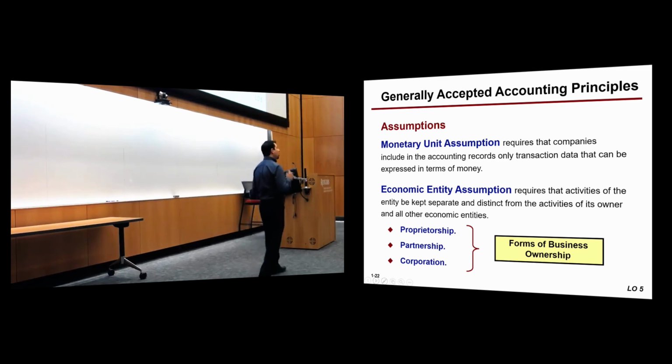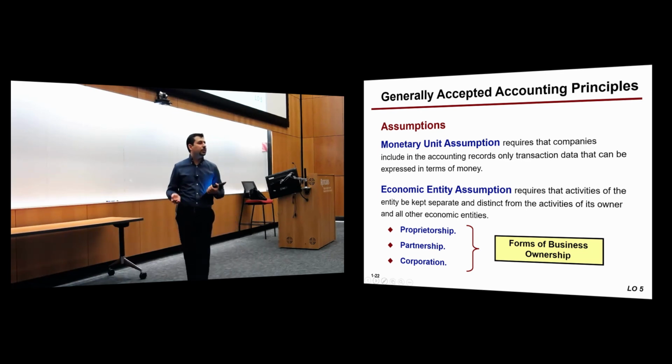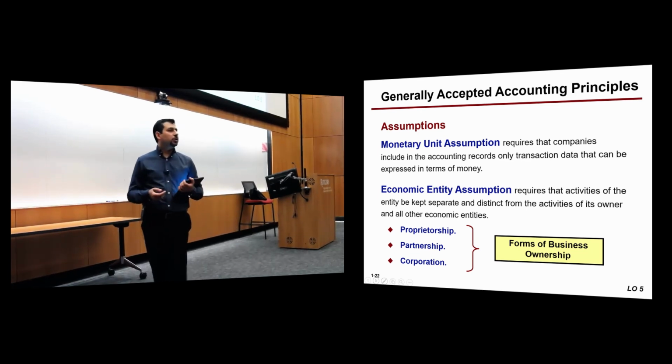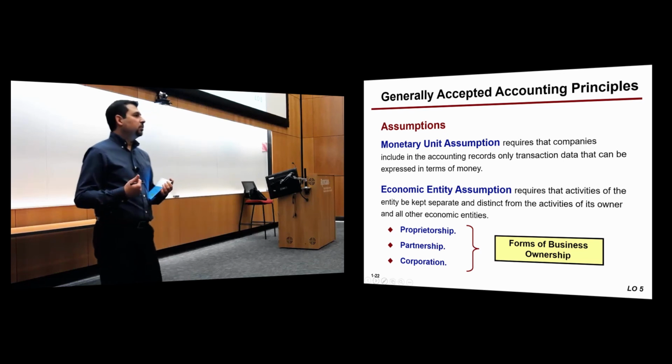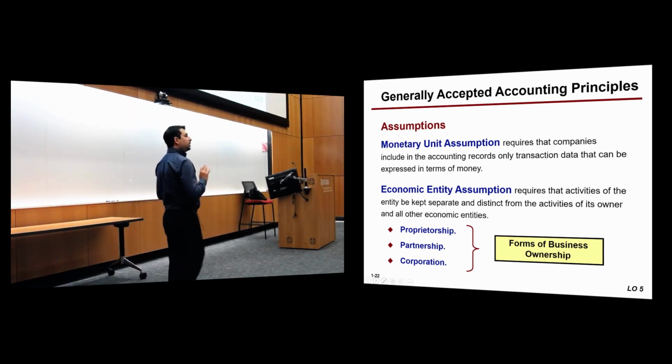So the accounting system will only capture information that is expressed in dollars. You sell a product, you pay your employees, you pay rent, you get interest. All these things are captured.